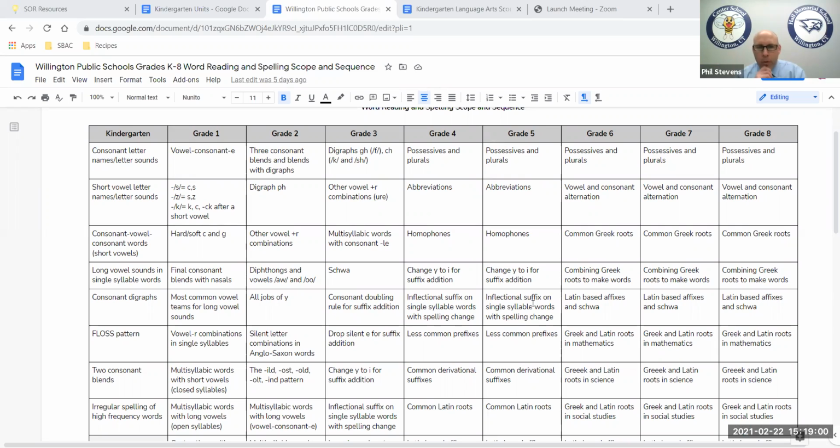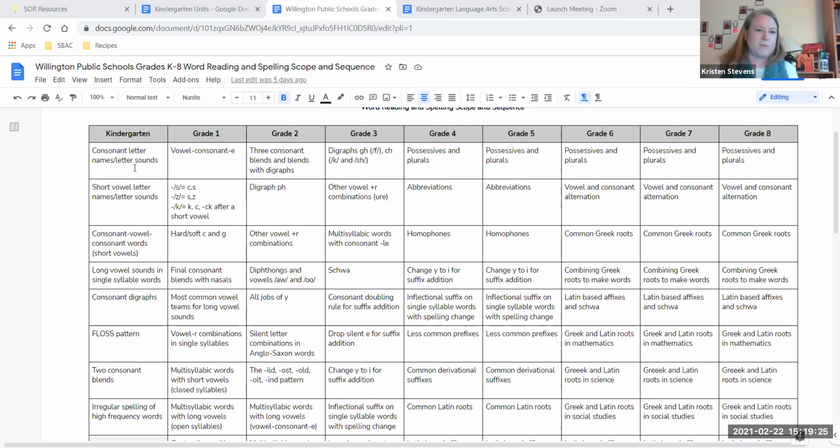Is that vertical, Kristen? So if I'm looking at grade 4, is that person teaching possessives and plurals and then abbreviations, or is it not necessarily building upon each other? It's definitely vertical, but it's not easy to show that because you can't take consonant letter sounds and short vowel sounds and then build on that. What does that look like in 1st grade? It doesn't really work like that. It doesn't go across, is the point. Right.